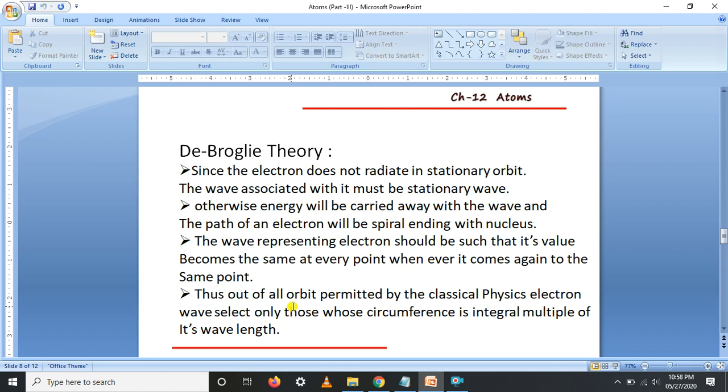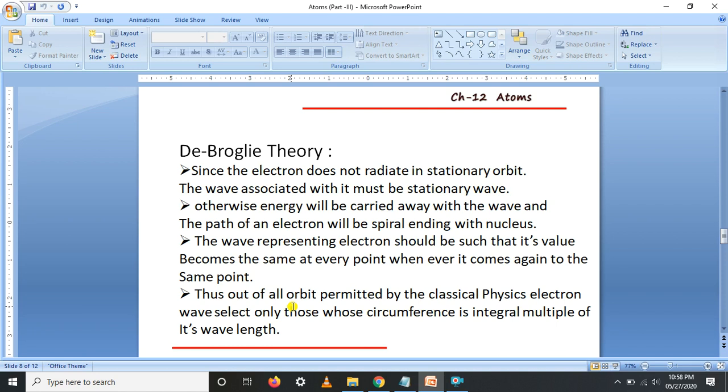The angular momentum of the electron in the stationary orbit is nh divided by 2 pi, and the electron does not radiate energy in its stationary orbit.